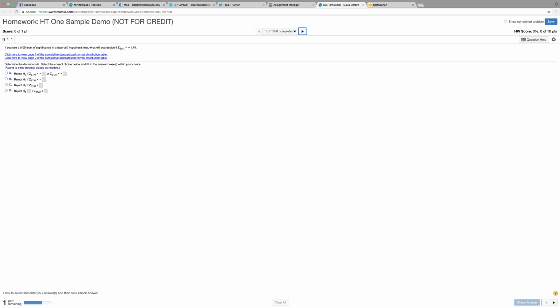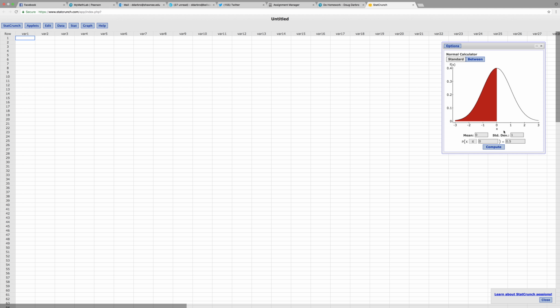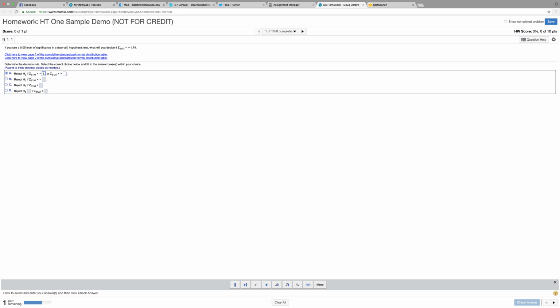So we know that if we're using a z for a 0.05 level of significance, you should know by now that that's 1.96, but just in case it hasn't clicked in yet, we know that with mean zero, standard deviation 1, if we want that lower area to be half of our alpha value, we have negative 1.960 and above 1.960.